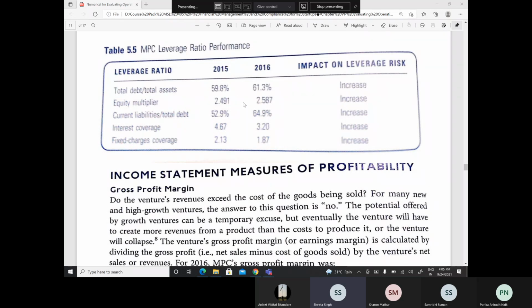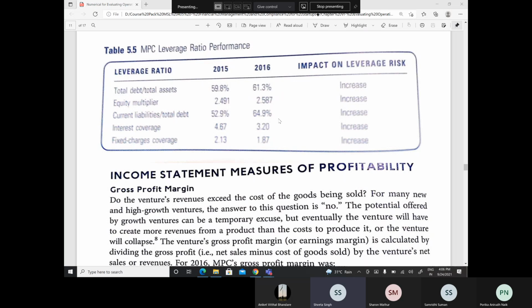The equity multiplier has also increased marginally, but you can see that because the total debt to total assets has also increased, the overall impact on leverage risk has increased. The current liabilities to total debt has also increased substantially. So here again, there is a greater risk on the company in terms of the financing that they have done through debt.